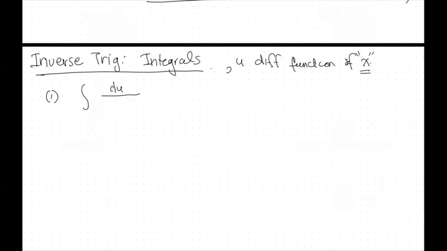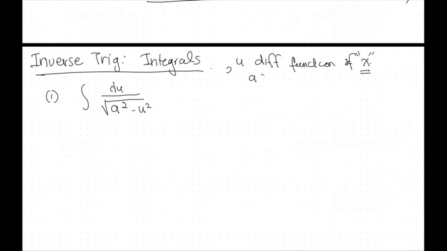So I will just put x squared. So here we have a squared minus u squared. And what is a? A here is just the constant which is positive.